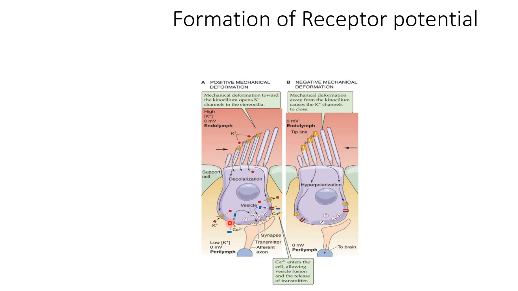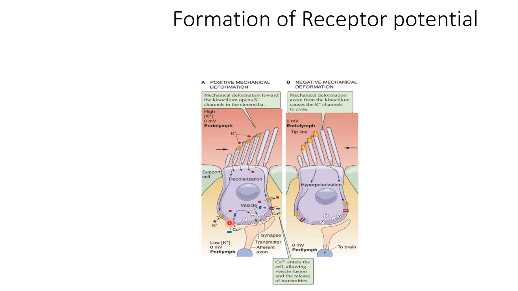This arrangement is necessary for the production of the receptor potential, where we already know the potential difference is almost 140 millivolt across the cell membrane. That is, the gradient across the apical membrane of the hair cell is 140 millivolt.